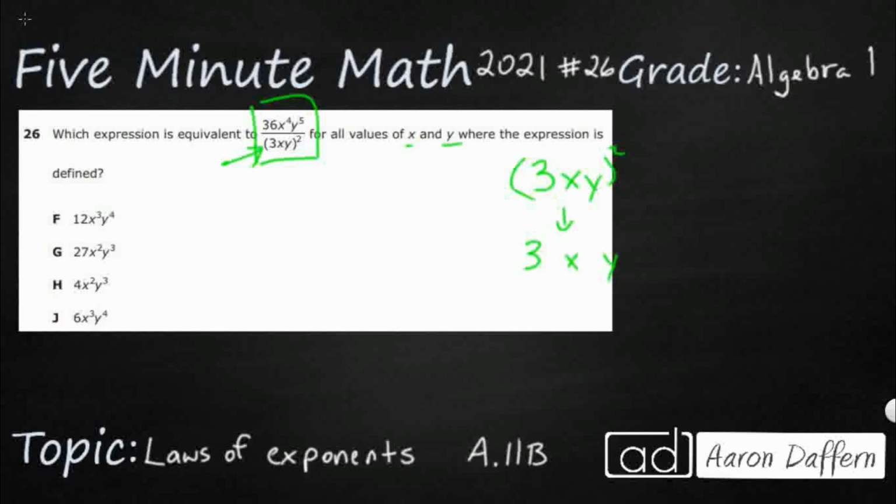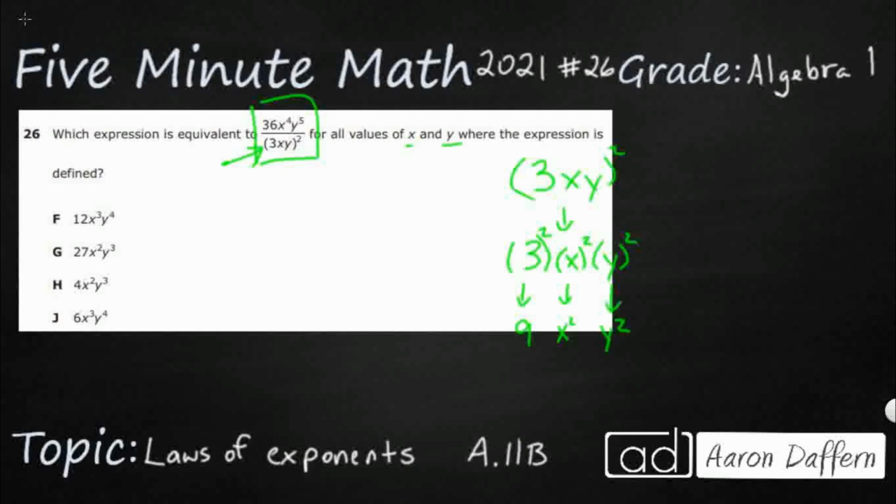3, x, y. And you could just end up squaring each of them separately. It's the same as if you took everything together and factored out that squared. So 3 squared, right? That's just going to make 9. X squared just makes x squared, and y squared makes y squared.